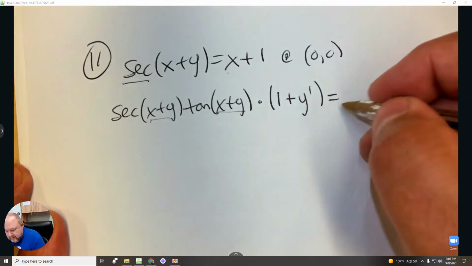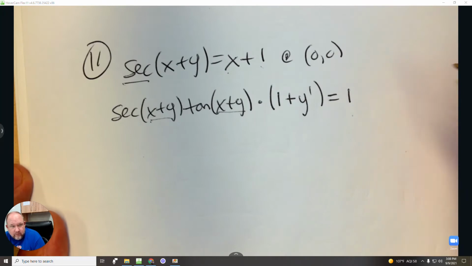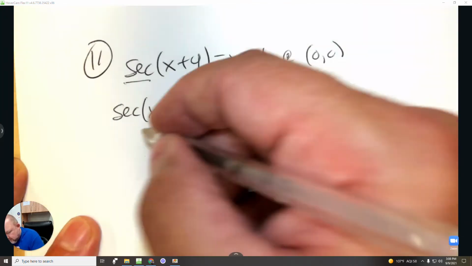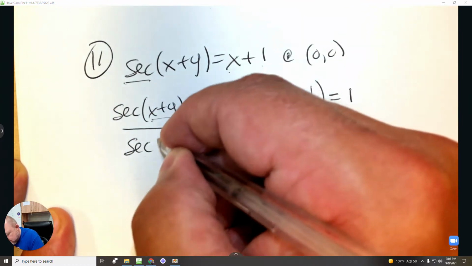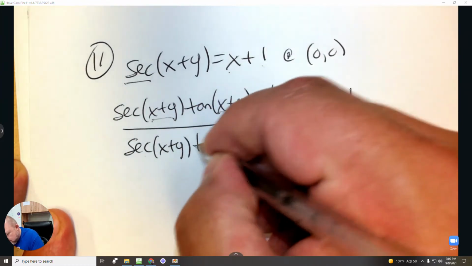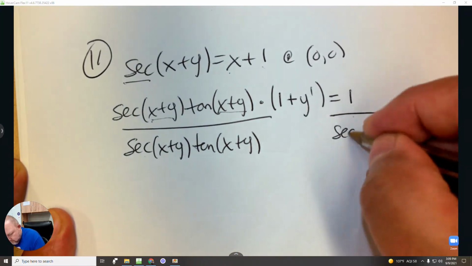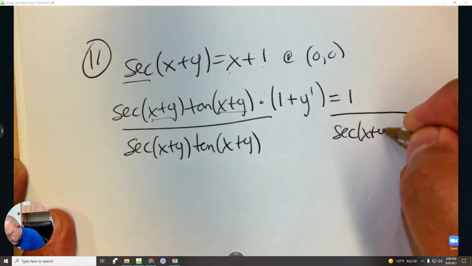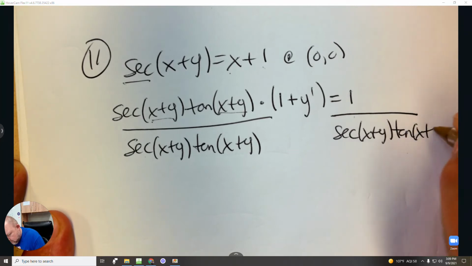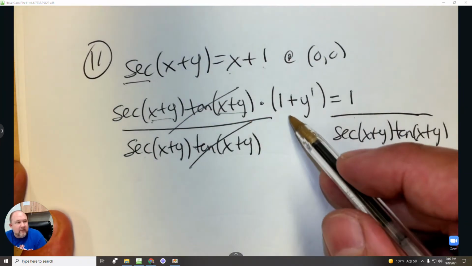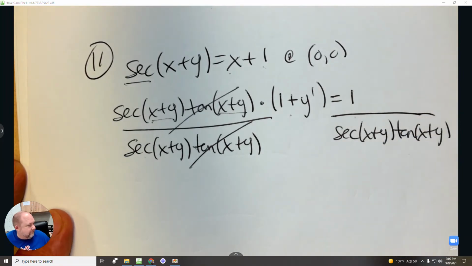The derivative of x is 1, and the derivative of 1 is 0. So there's a good start. I need to get y prime by itself, so I'm going to divide. After I divide, I'm going to subtract 1.